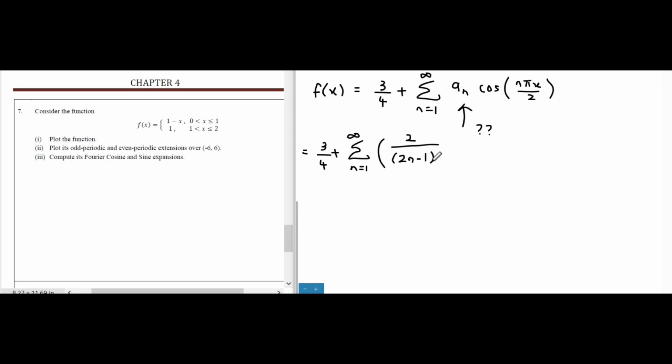This is for the odd number, 1, 3, 5, and so on. Pi square for the cos of n even number for 2, 6, 10, and so on.